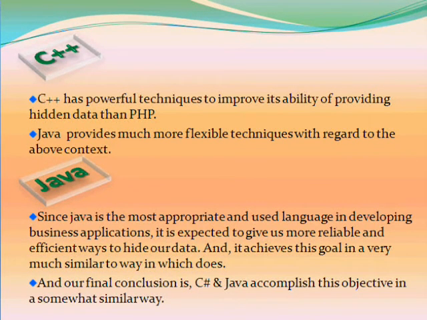Since Java is the most used language in developing business applications, it gives us more reliable and efficient ways of data hiding, and it achieves this goal in a very similar way. Finally, we can say that C# and Java accomplish this objective in a similar way.